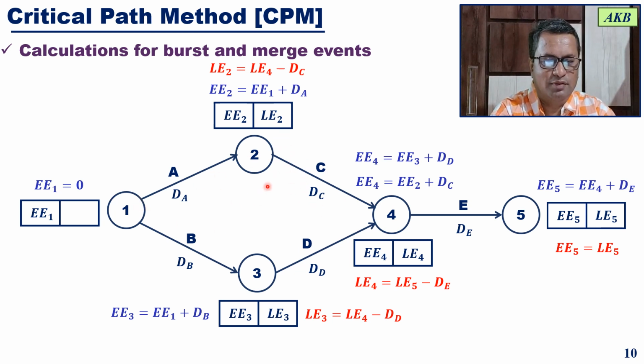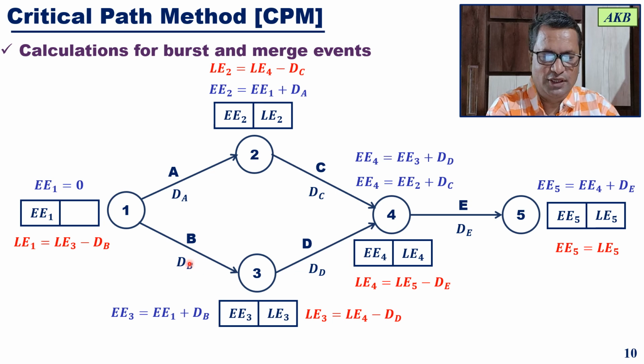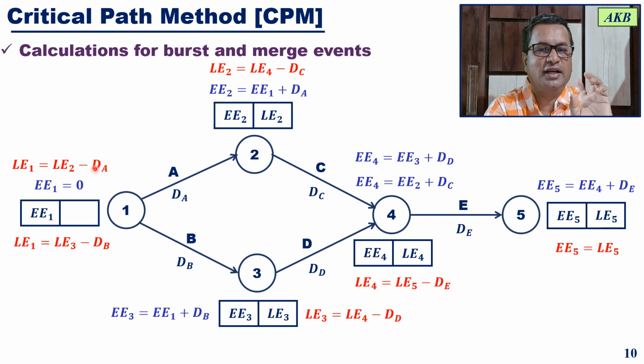Now, moving from event 2 to event 1, you can reach event 1 either from event 2 or event 3. If you are moving from event 3 to event 1, LE1 is calculated as the latest event time for event 3 minus the duration of activity B. Or if you are moving the other way, you get the latest event time for event 1 as the latest event time for event 2 minus the duration of activity A. Out of these two, select the minimum.